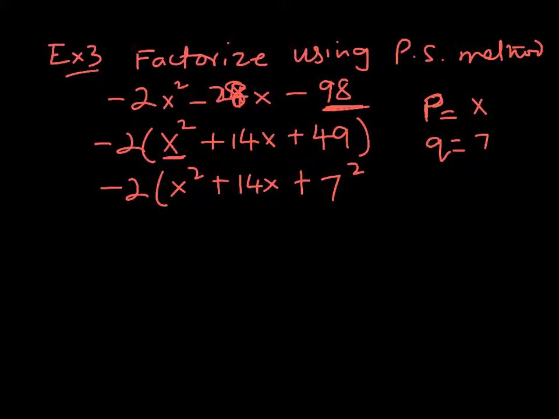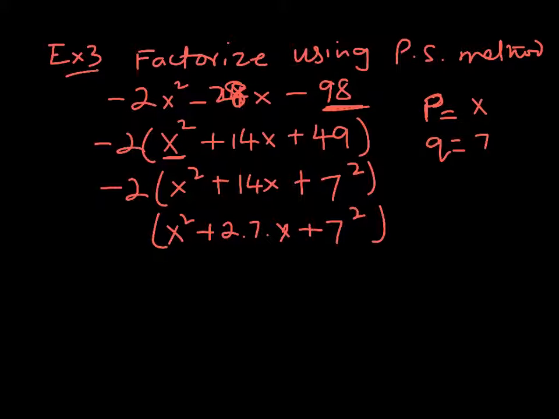Now we know the q and we know the p. Can we write the middle term as 2 times x times 7? Yes, we can. So that's going to be x squared plus 2 times 7 times x plus 7 squared.